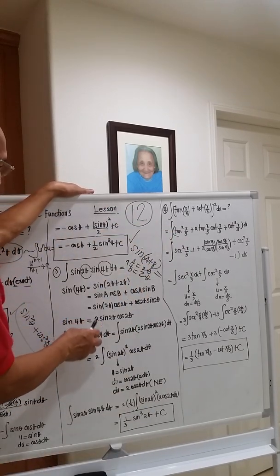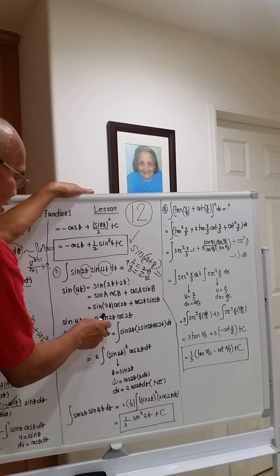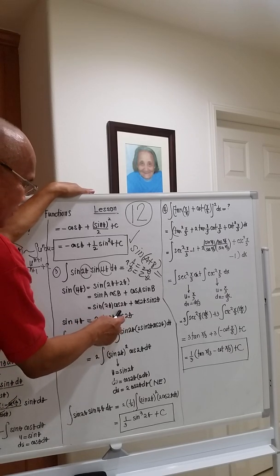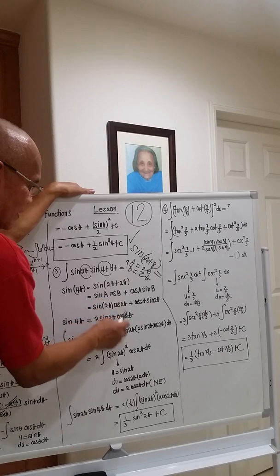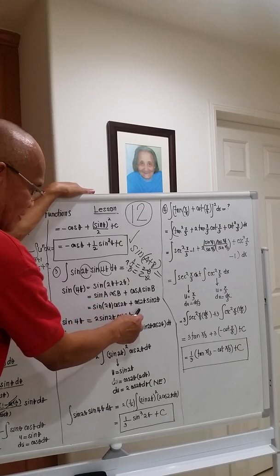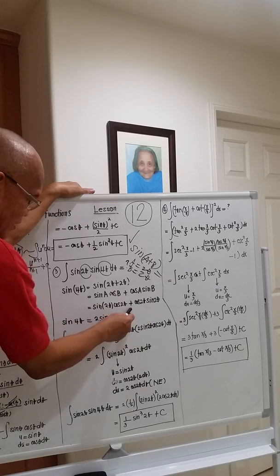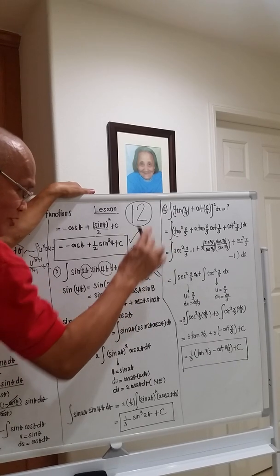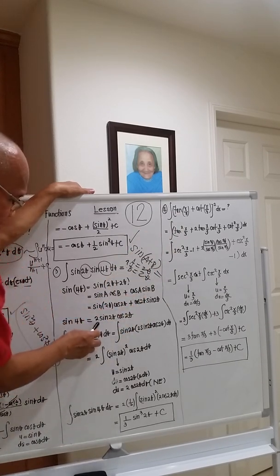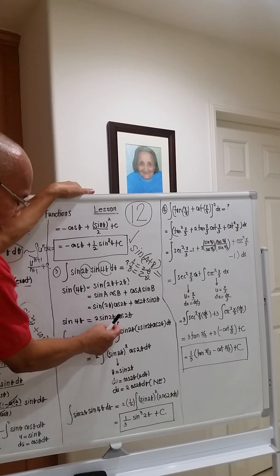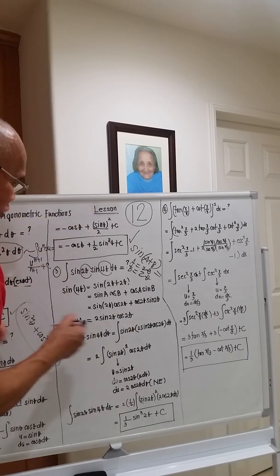So this will become sine of 2 theta, cosine of 2 theta, plus cosine of 2 theta, sine of 2 theta. This term here is similar to this. So what comes out will be twice the first one, 2 sine of 2 theta, cosine of 2 theta.